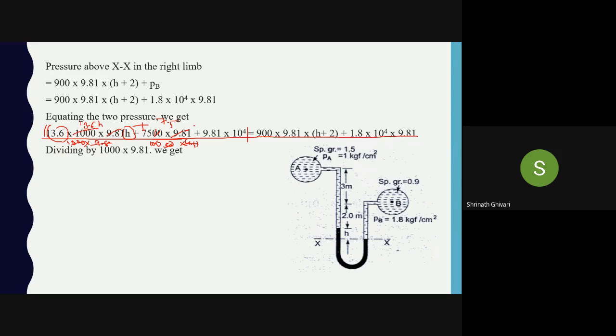Remember what I am writing now. Plus, after this, dividing by 1000 into 9.81, 9.81 is gone, and 10 raised to 4 divided by 10 raised to 3 will be 10. So 13.6 H plus 7.5 plus 10.